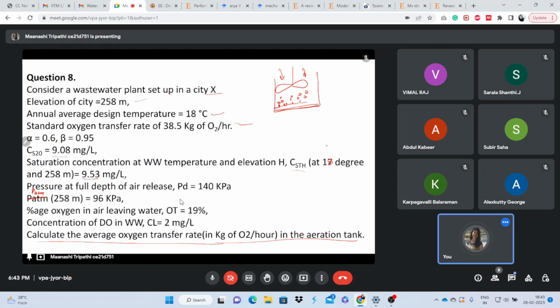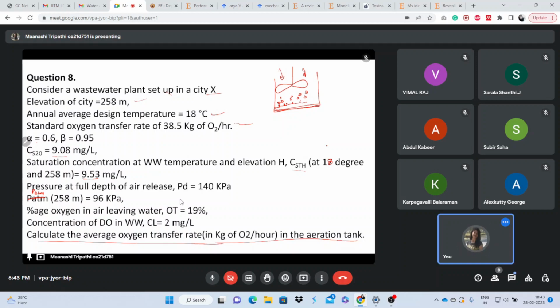So in this question you have to calculate the average oxygen transfer rate. So you have the formula. Just try to put all the numbers and try to understand the question, what it is trying to say, what kind of system this is, how to change the values, because oxygen saturation will change with temperature, right?